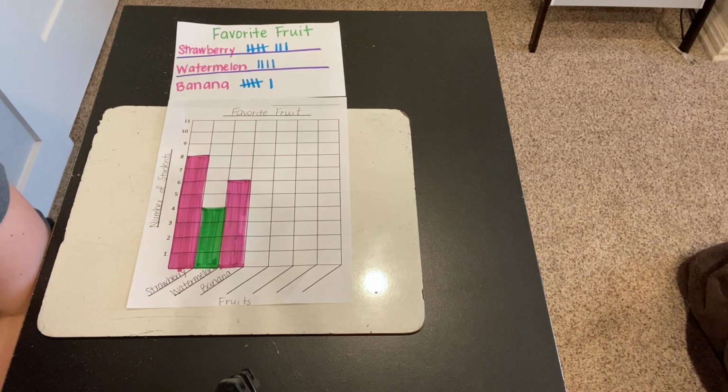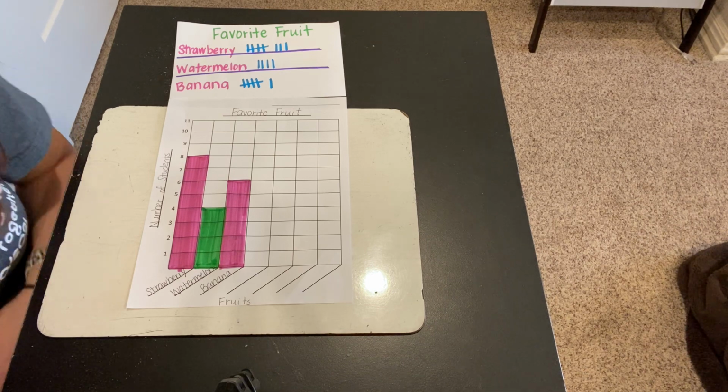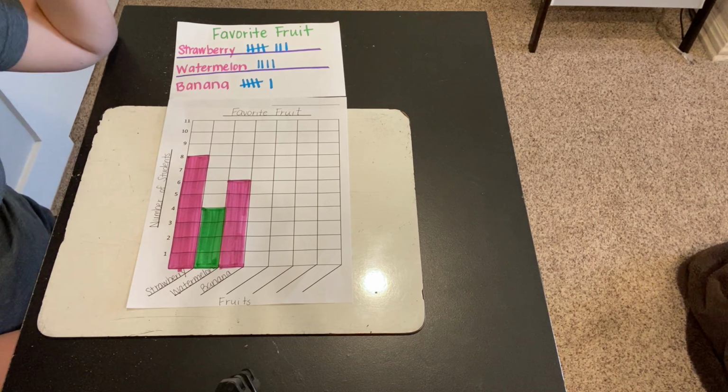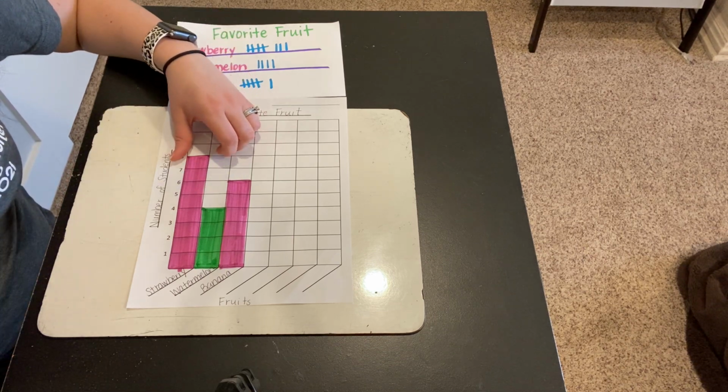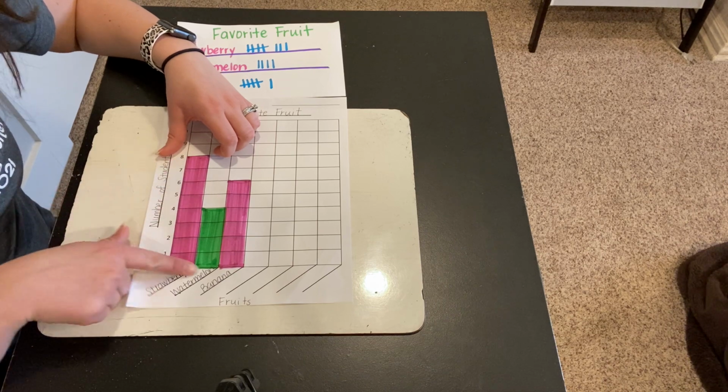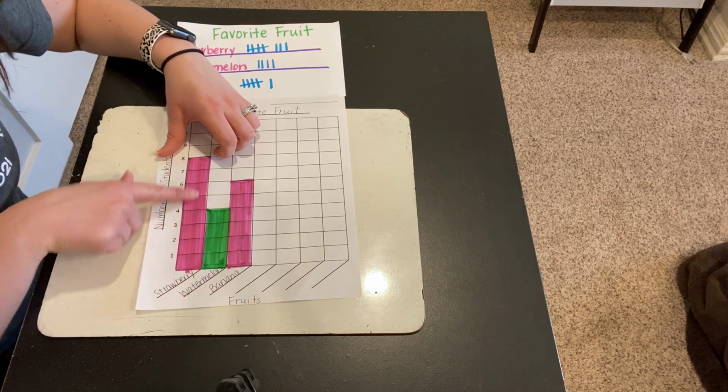Okay, here's the next question. How many total students were surveyed? To figure this one out, and if you haven't figured it out yet and you're still working, press pause. But to figure this one out, you should have counted up how many total students were surveyed.